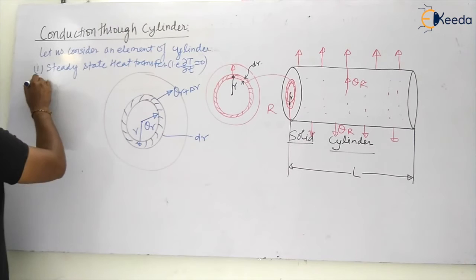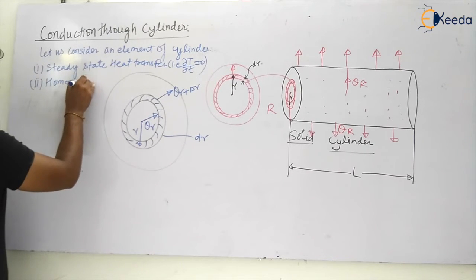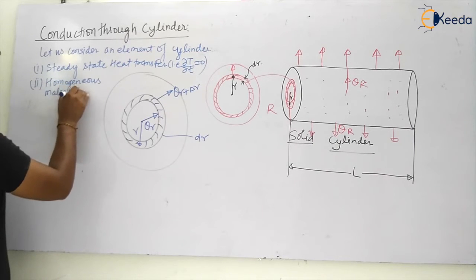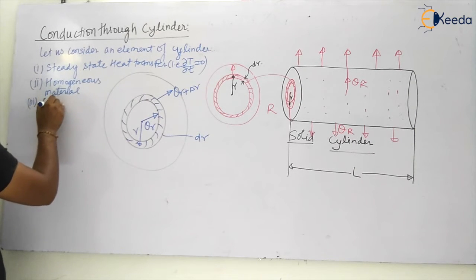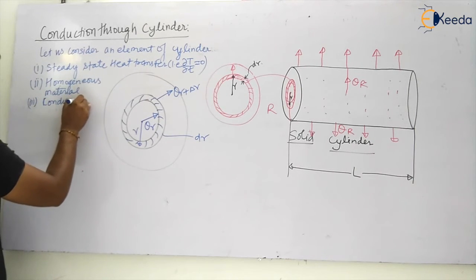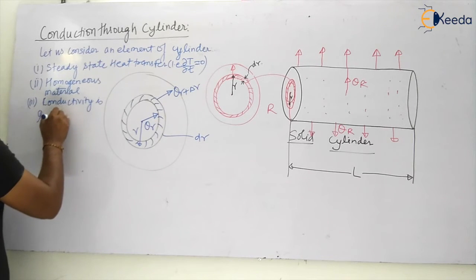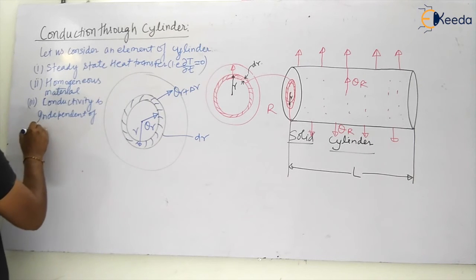Number two is homogeneous material. Number three, conductivity is independent of temperature.